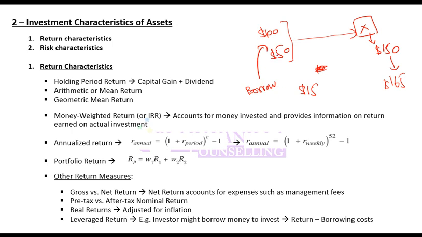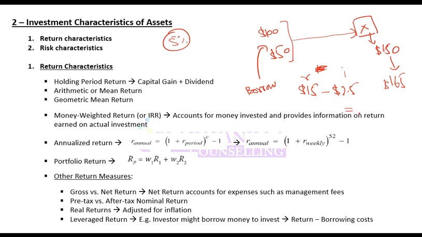But you borrowed some money, and when you borrow money, you have to pay some interest on it, which is a cost to you. Let's say the interest rate on the $50 was 5%. That means you will end up paying $2.5 of interest. So you made $15, but you paid interest of $2.5.